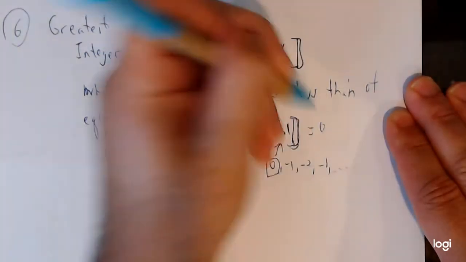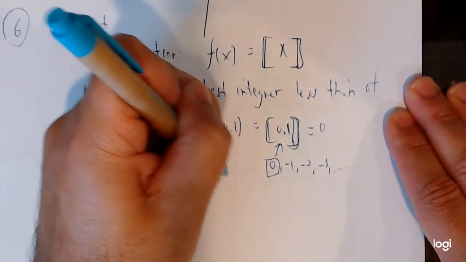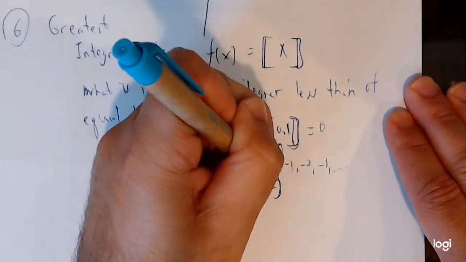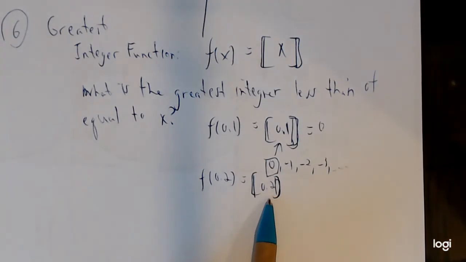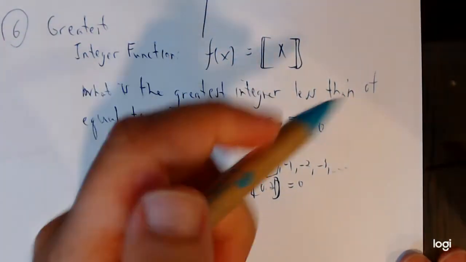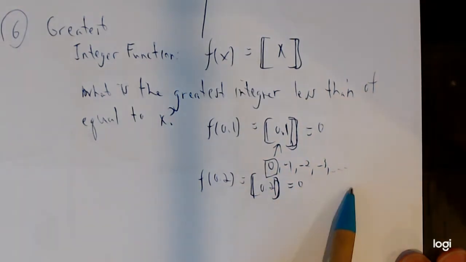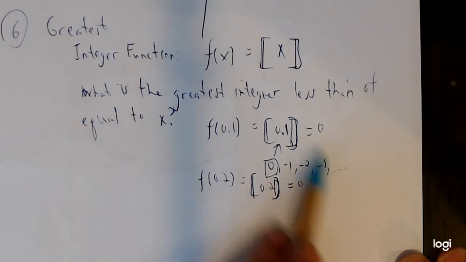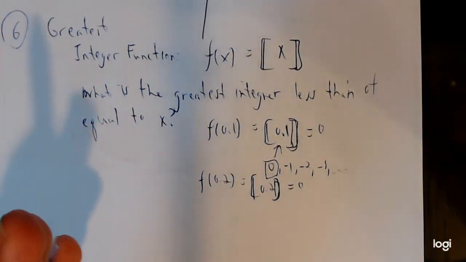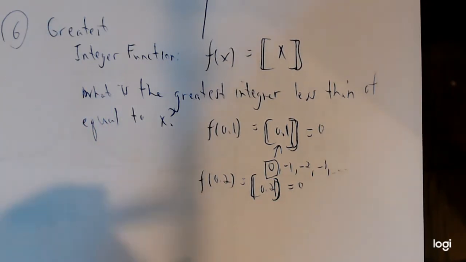Now, what if I did f of 0.2? What's the greatest integer less than or equal to 0.2? Once again, it's 0. In fact, from 0 all the way to 0.9, or right before 1, the greatest integer less than or equal to any input between 0 and 1 should always be 0.